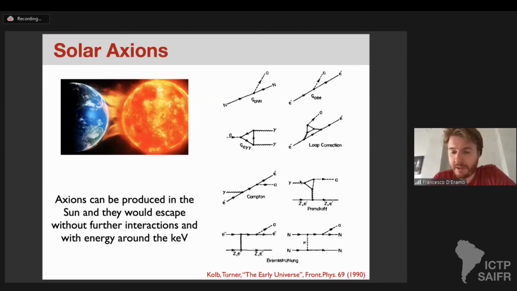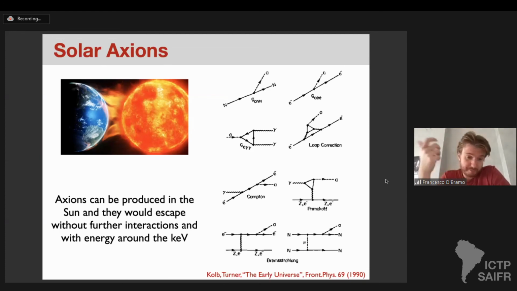The important thing is that axions couple to standard model particles, so collisions inside the sun can produce an axion in the final state. Since the axion is so weakly coupled, it escapes the sun exactly as a neutrino escapes the sun.